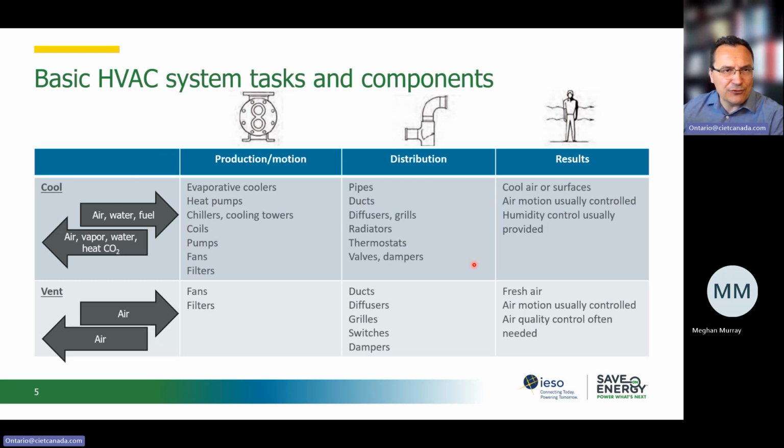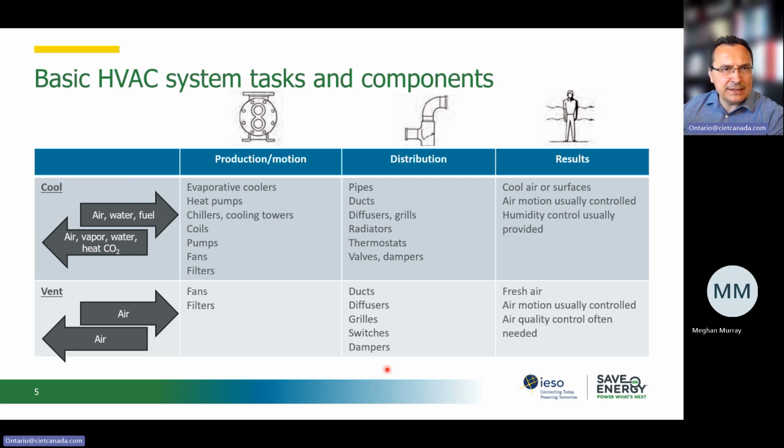And then lastly, for ventilation, which is related to indoor air quality, that means we need to maintain a certain level of indoor air quality for the occupants by providing fresh air, by moving air in the space, and controlling the quality of the air that we have in the space. And that's done again through forced air systems, through fans and filters, dampers, ducts that will mix the air in the space with fresh air.